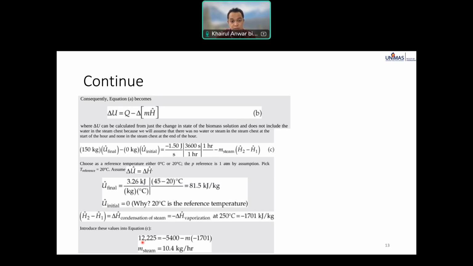Then this term here, 3600 multiplied by negative 1.5, you get negative 5400, minus M multiplied by this value. Then the flow rate of steam is 10.4 kg per hour.